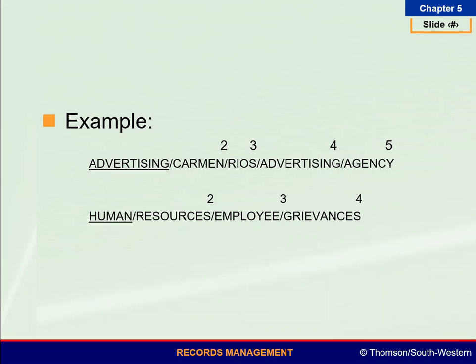The same thing goes for the second one. This is not just a business but an organization. Human resources, employee grievances. Human is the key unit, then the second, third, and fourth. So again, for a business name or organization, we index as written.